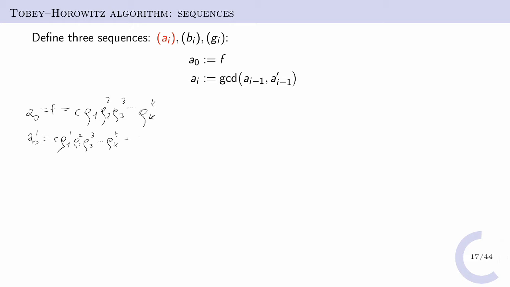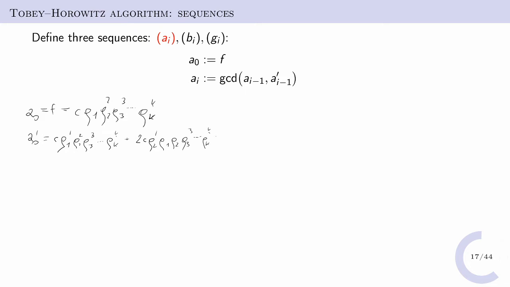So we'll have 2 times c times g2 prime times g1 times g2. Okay, now the derivative of g2 square is 2 times g2 prime times g2. So I write it this way, and times g3 cube, and so on, gk to the kth power.